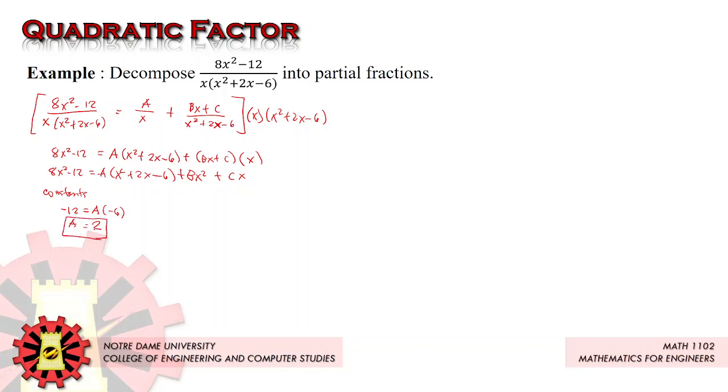A will also be equal to 2 when we let x be equal to 0. Since may x tayo dito, this will become 0, 0, 0, 0 yan. Ang maiwan sa equation natin will be the same: negative 12 equals A times negative 6. That will also give us A is equal to 2. Any method will give us the same answer.